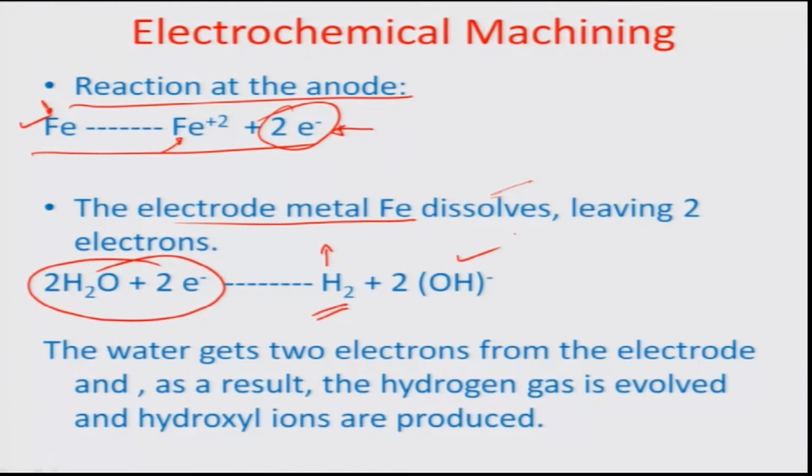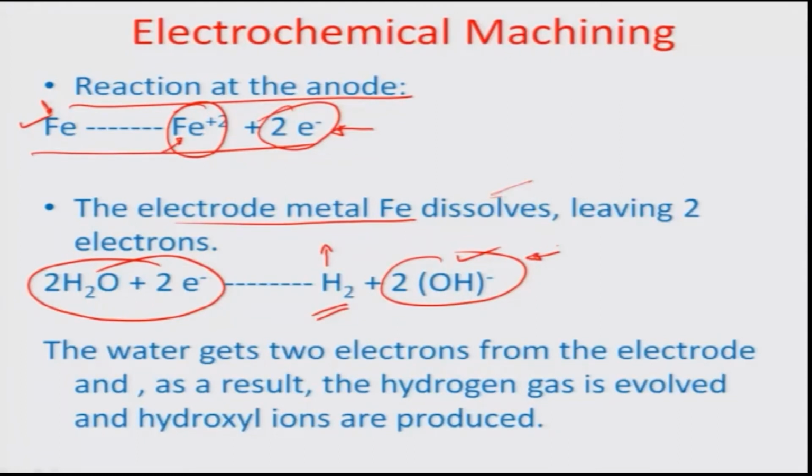Now you can think of it that there is Fe2+ present in the solution because of the removal from the iron electrode, and then there are these 2 electrons which are breaking down the water into hydrogen gas and hydroxide ion.